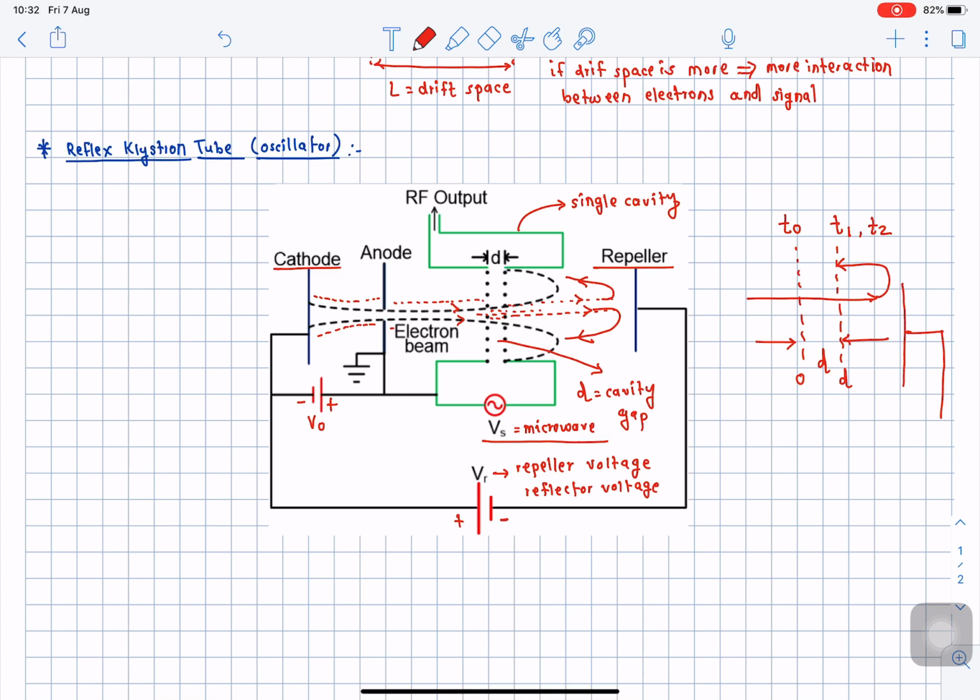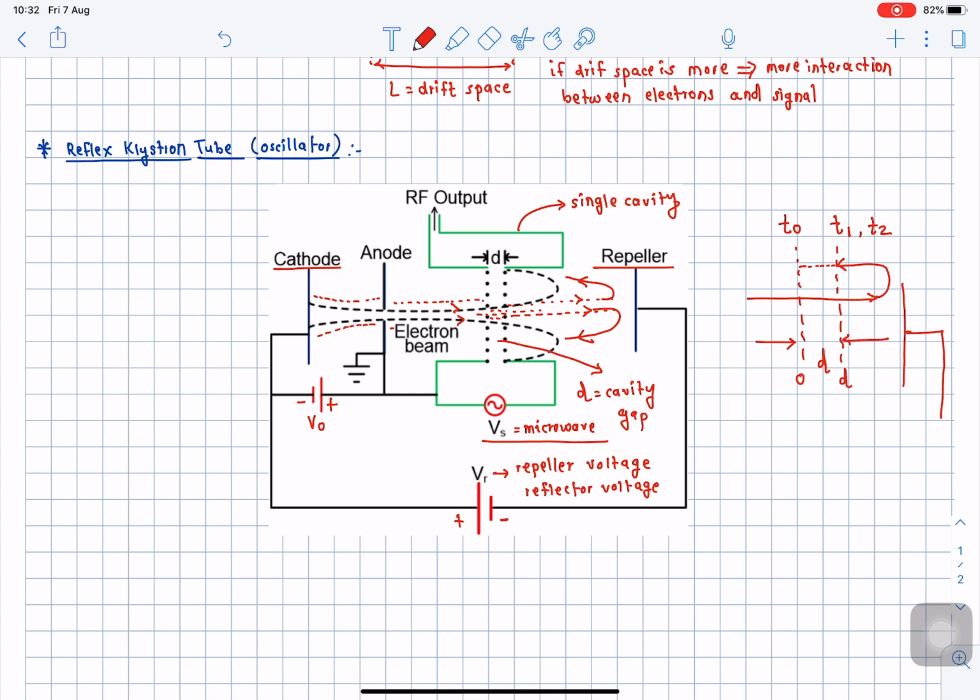So here please remember, when the electrons get repelled back by the repeller, they will again enter the cavity. Due to this repelling, the electrons will travel twice the distance formed by the cavity, right?